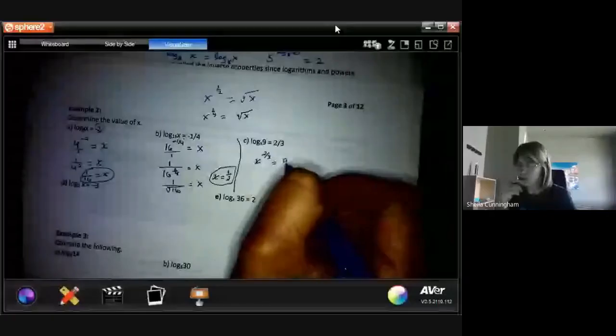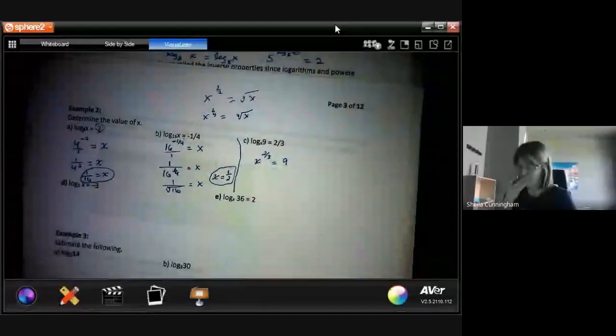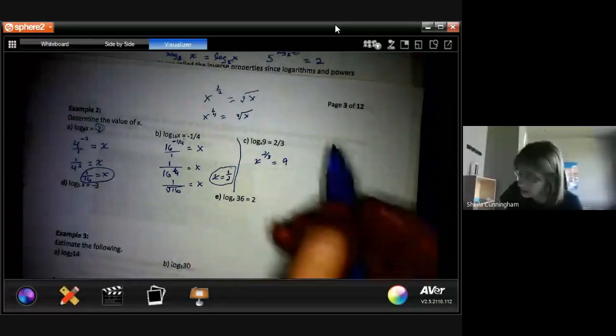Now the next one, I've got a base this time that happens to be x. I've got a power of 2/3, and that equals 9. So these ones are fun. Basically, this is x to the power of 2/3.